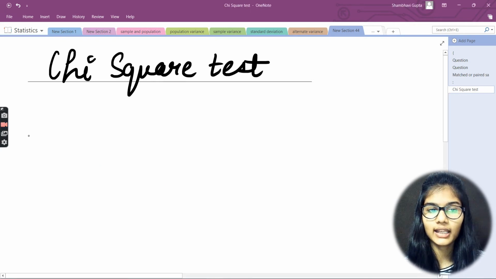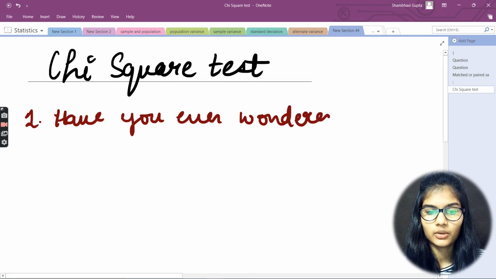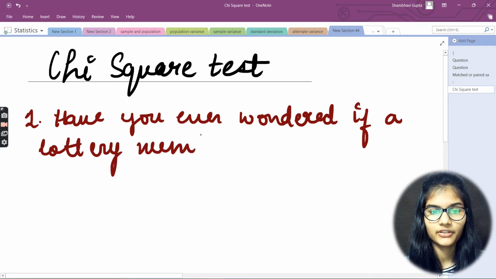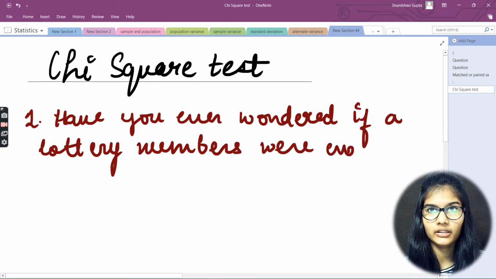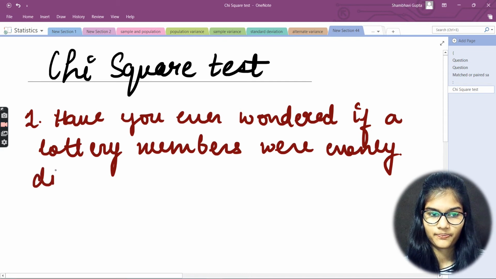Okay. Now, here I have some thinkings for you all. Let me put on number one. So I will write these things as well. Have you ever wondered if lottery numbers were evenly distributed?